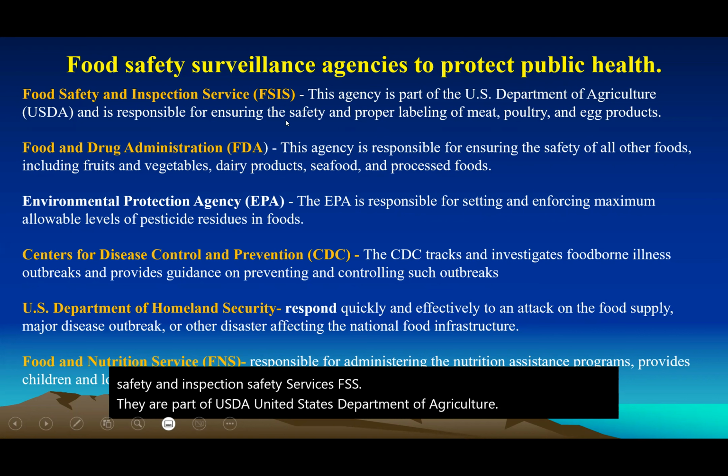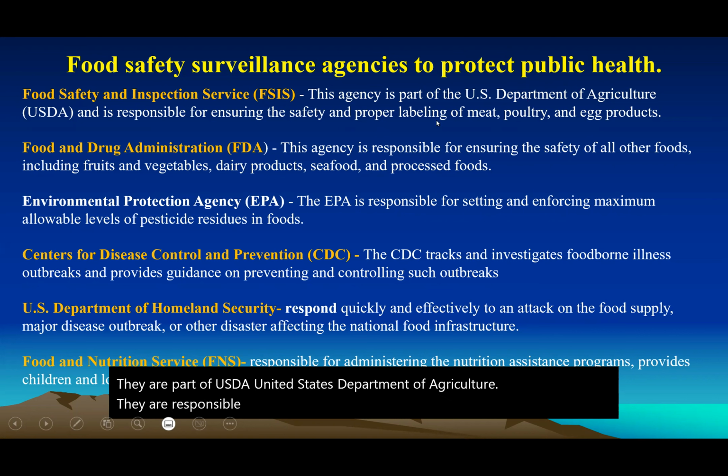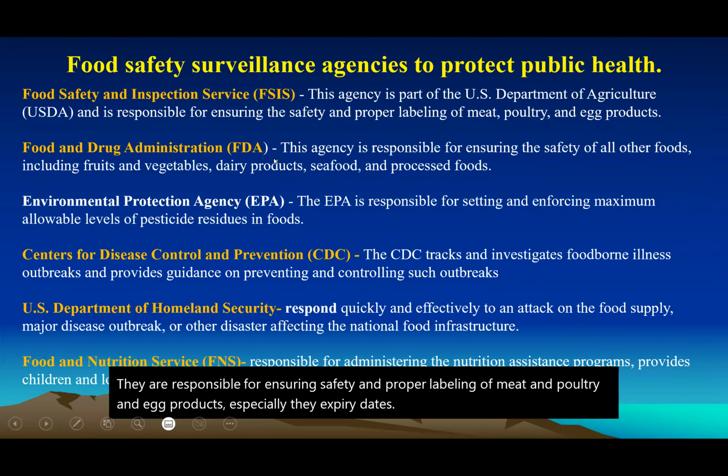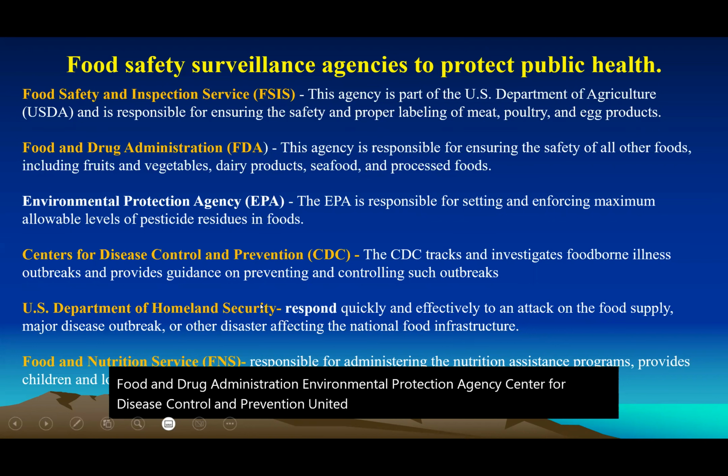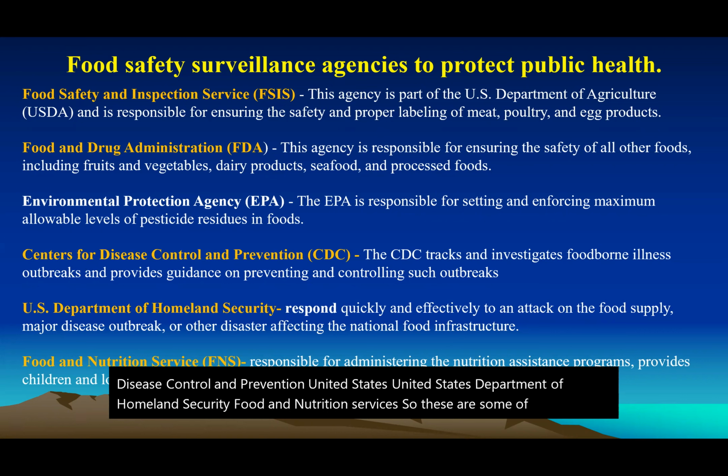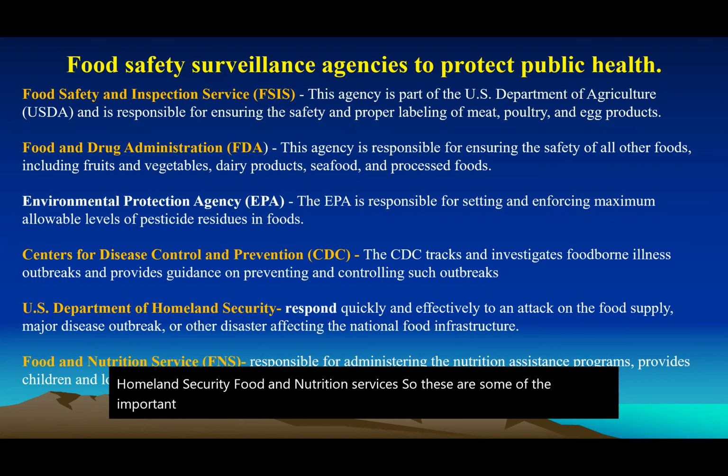They are responsible for ensuring safety and proper labeling of meat and poultry and egg products, especially the expiry dates. Food and Drug Administration, Environmental Protection Agency, Centers for Disease Control and Prevention, United States Department of Homeland Security, Food and Nutrition Services. So these are some of the important agencies that make sure our food system is safe.